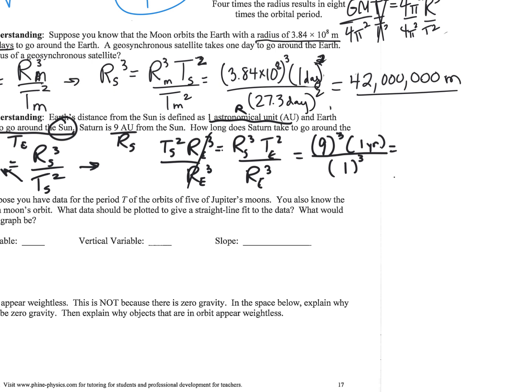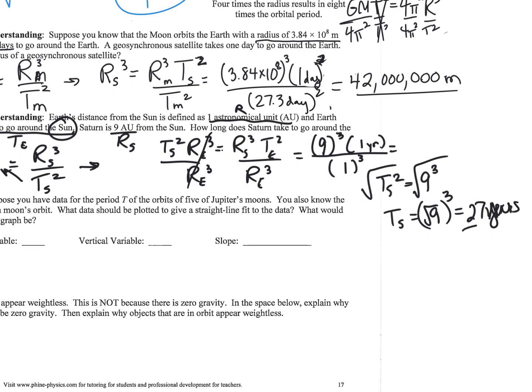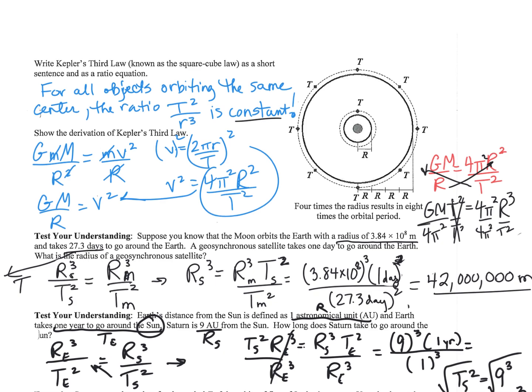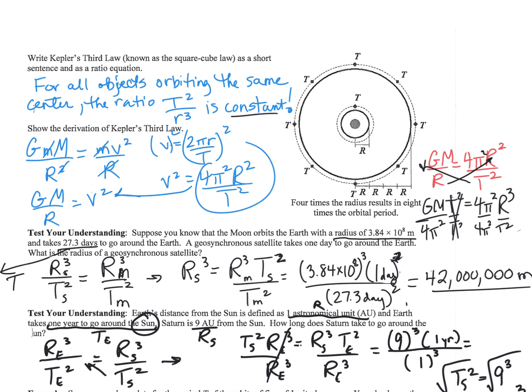So what we know is that period of Saturn squared is equal to 9 cubed. Now I'm going to be easy on myself and take the square root of both sides, so the period of Saturn is equal to the square root of 9, and then I can cube it. Square root of 9 is 3. 3 cubed is 27. So it is 27 years. But you see how handy that Kepler's law relationship is, that they are constant. Okay?